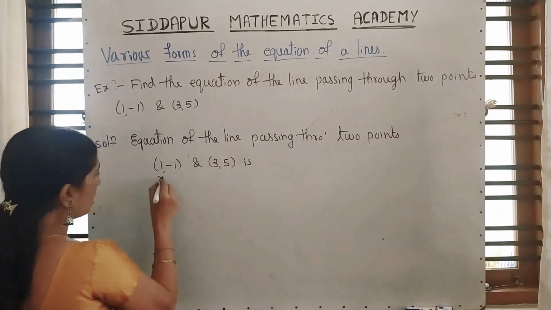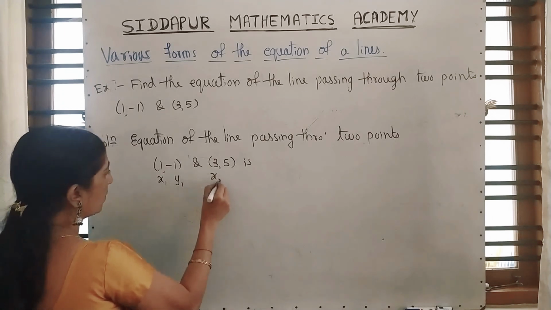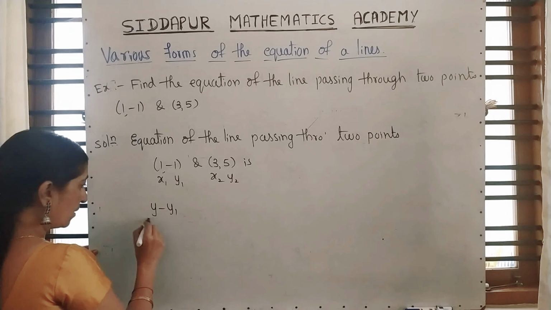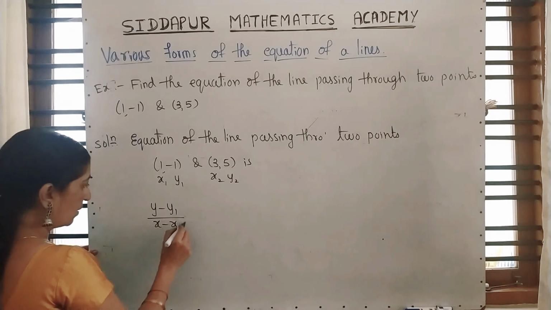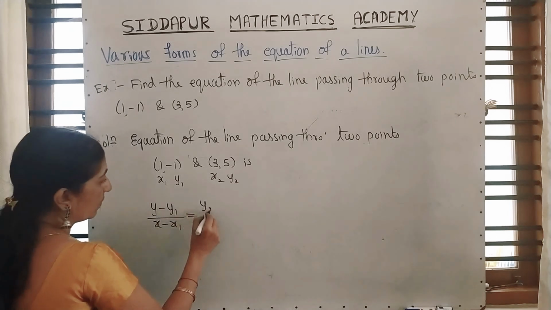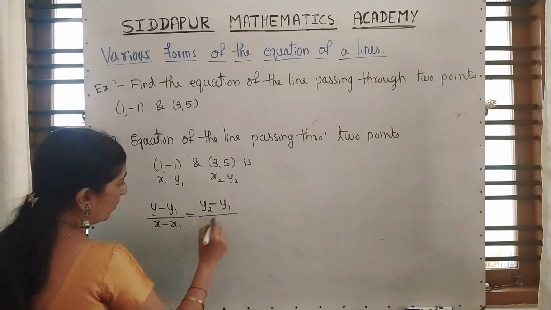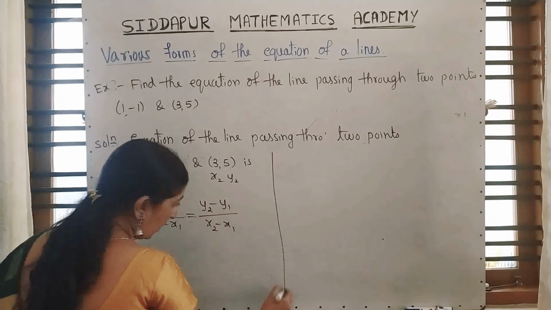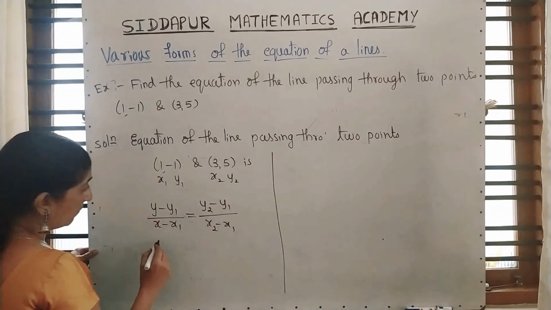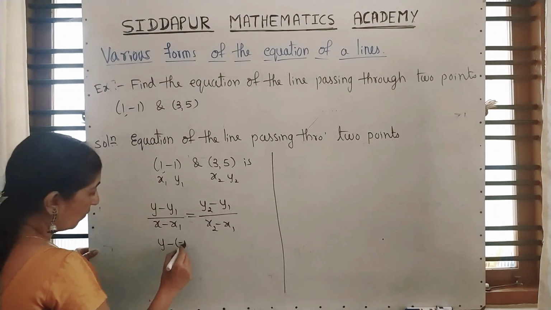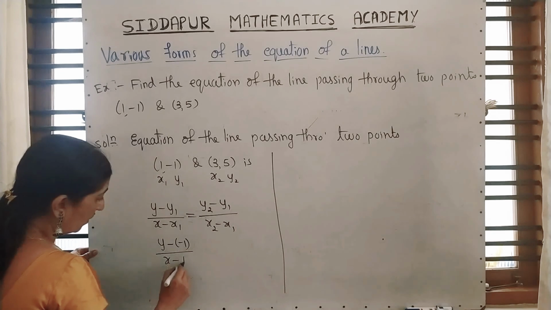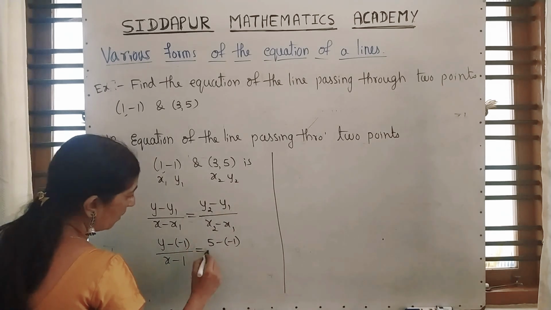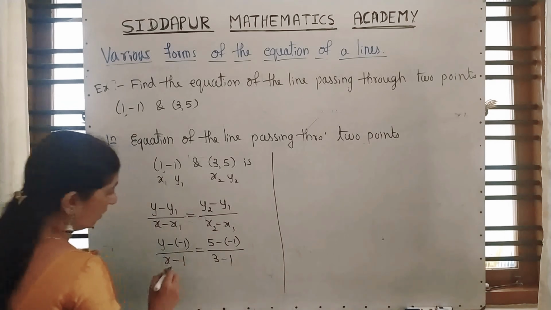This is (x1, y1) and this is (x2, y2). First write down the formula: (y - y1)/(x - x1) = (y2 - y1)/(x2 - x1). (y - (-1))/(x - 1) = (5 - (-1))/(3 - 1).